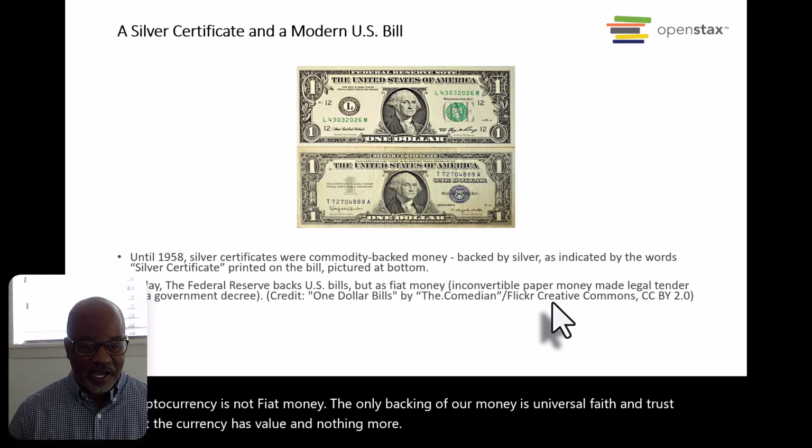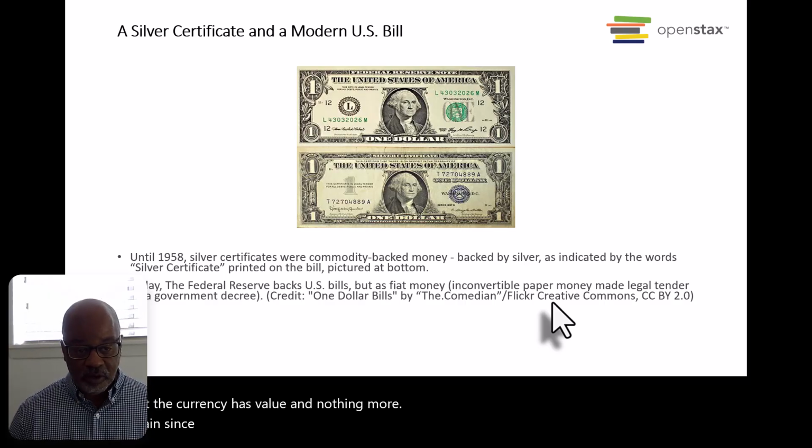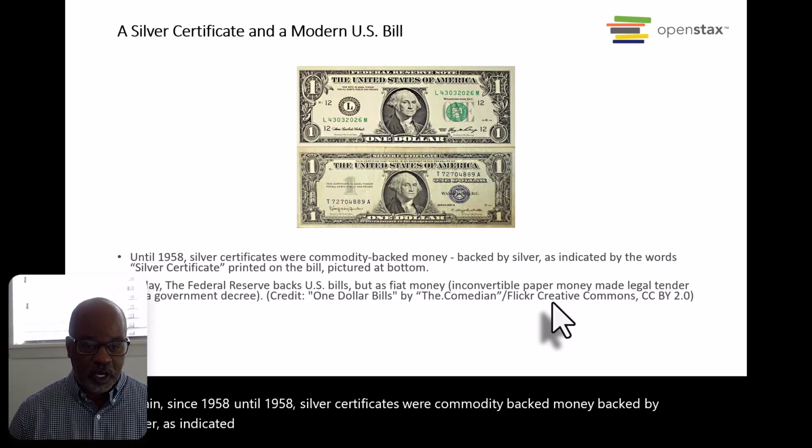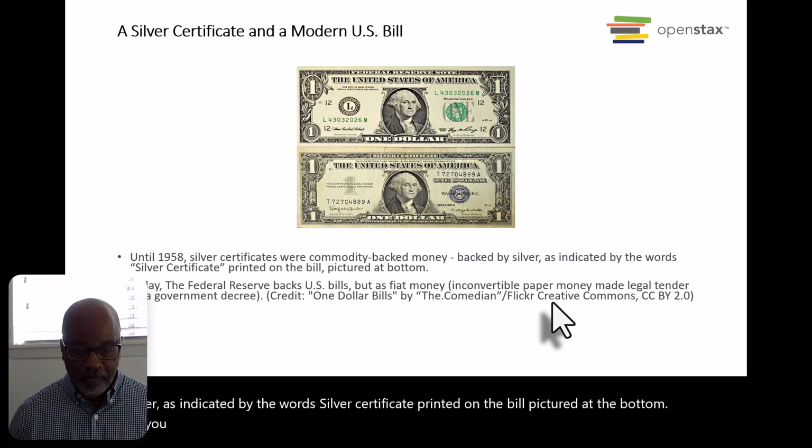Until 1958, silver certificates were commodity-backed money, backed by silver, as indicated by the words silver certificate printed on the bill pictured at the bottom. So you see that silver certificate.